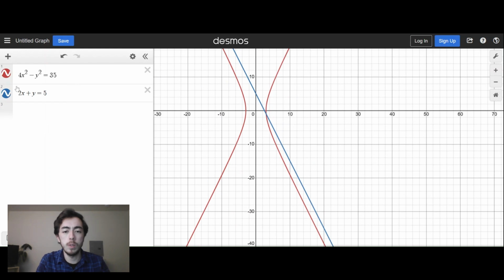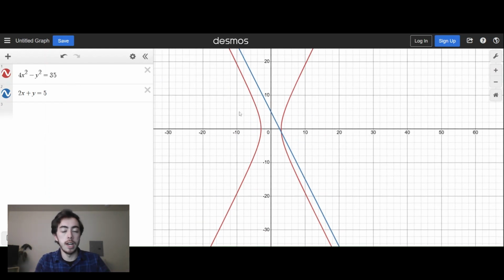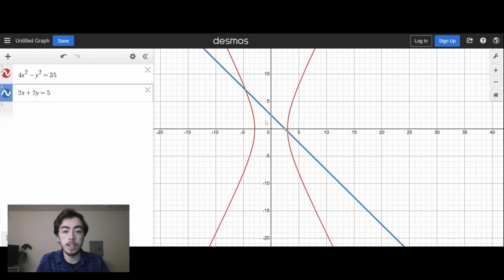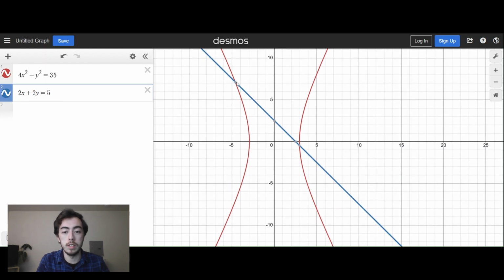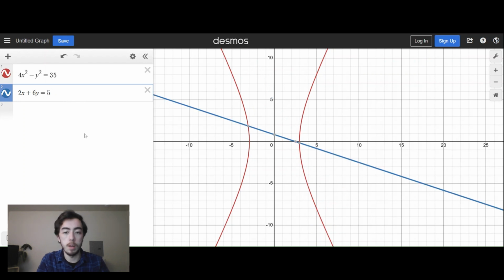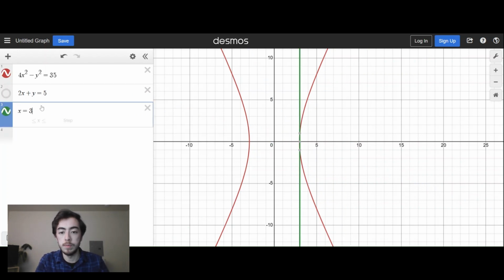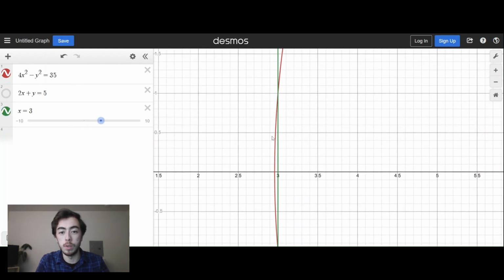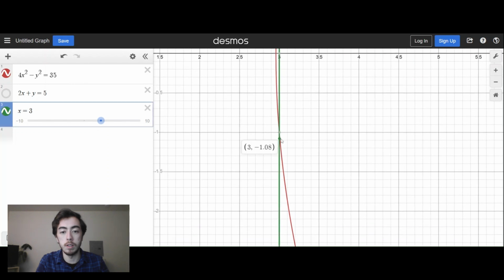Now, for most hyperbola and line systems, you're going to have two solutions. And you can find solutions by looking for intersections between curves. So for most lines and hyperbolas, you have one solution over here, one solution over here. I could be a little bit clever and make a vertical line. And here I still have two solutions because there's one intersection up here and one intersection down here.